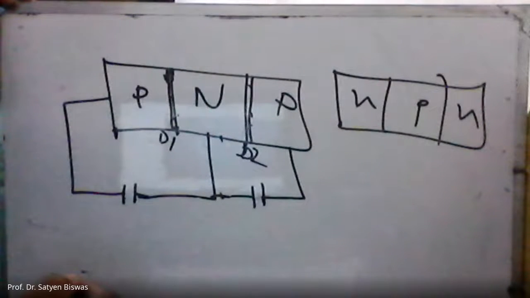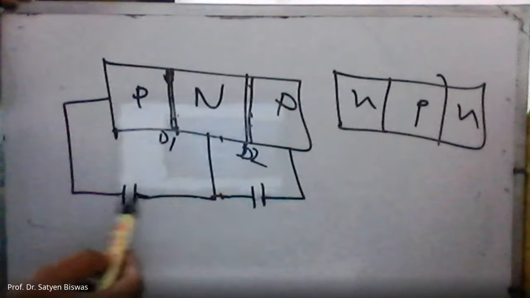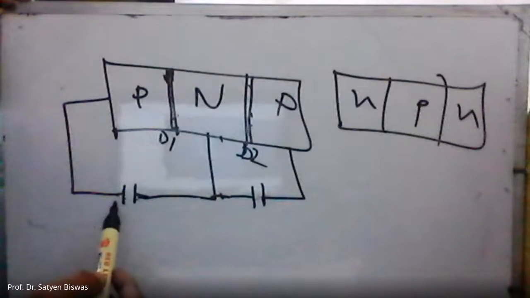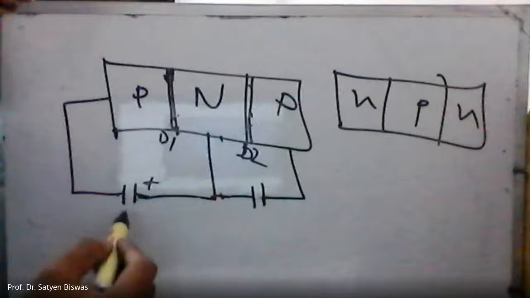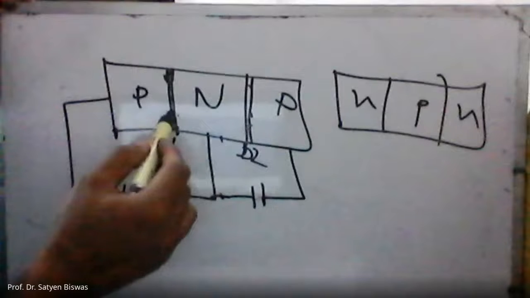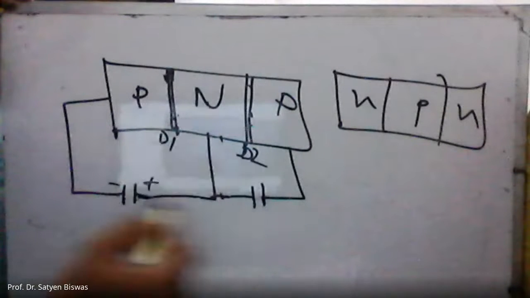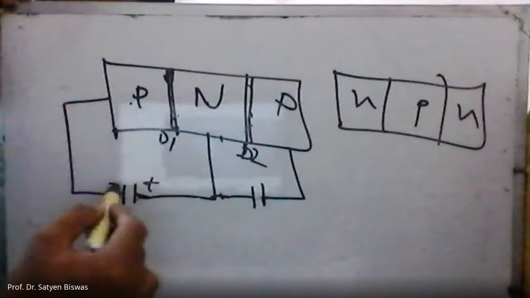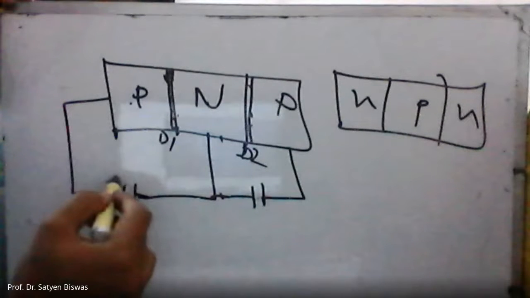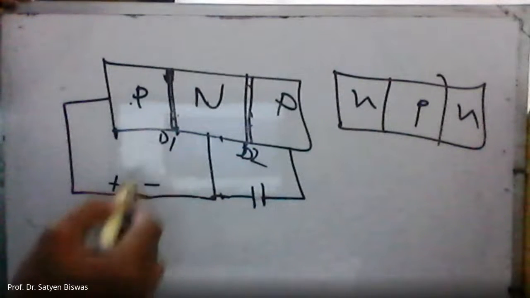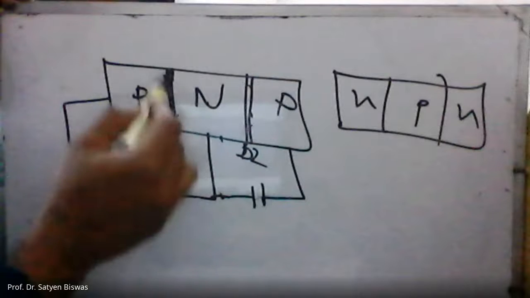If we put positive here and negative here, you see, the N type is positive and the P type is negative. Is it forward bias? No, it's the opposite. This is reverse. You have to put this side positive and this side negative. Then this diode will be forward bias.